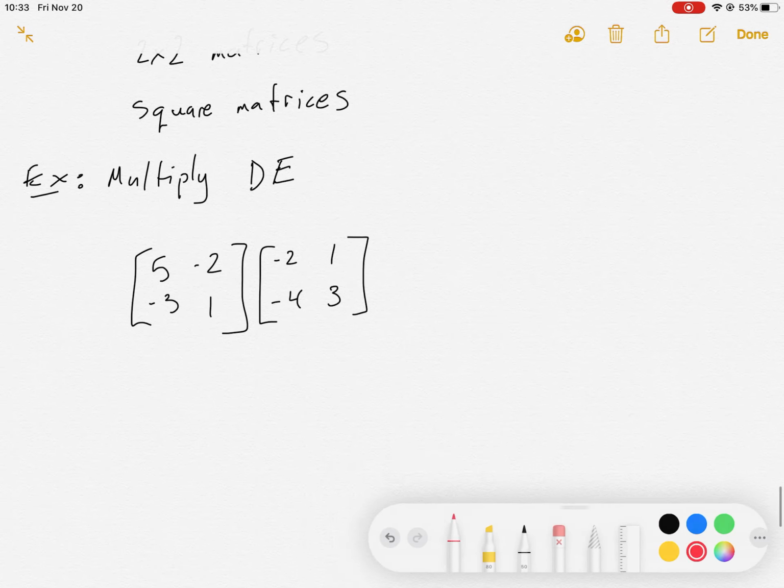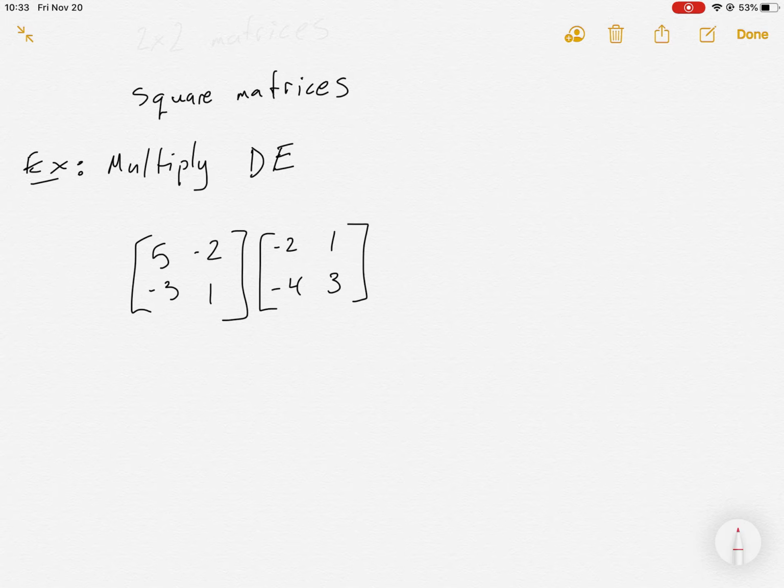And it's been decided that the way we multiply is we take each row and then multiply it by each column. So we're going to be doing row 1 times column 1.